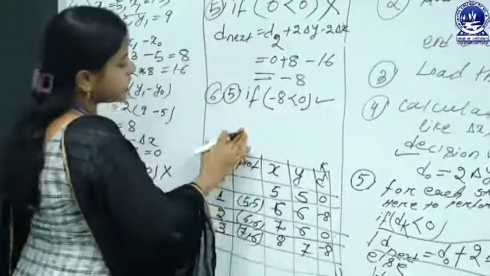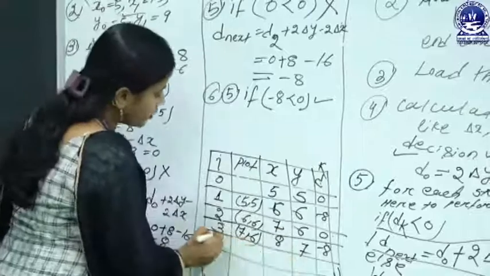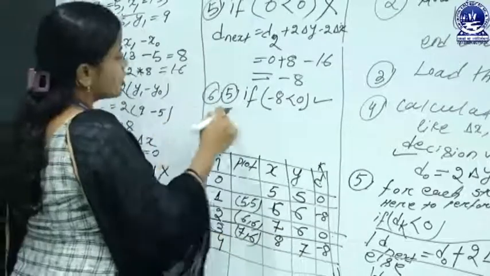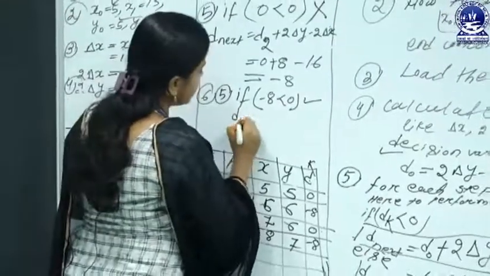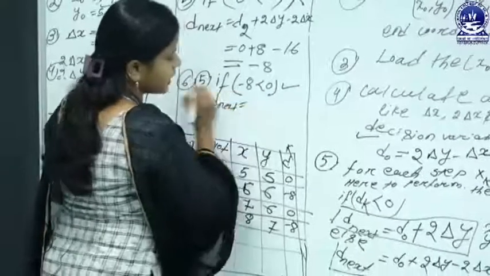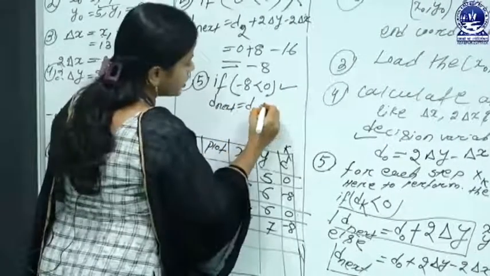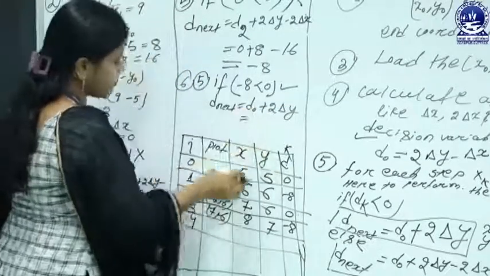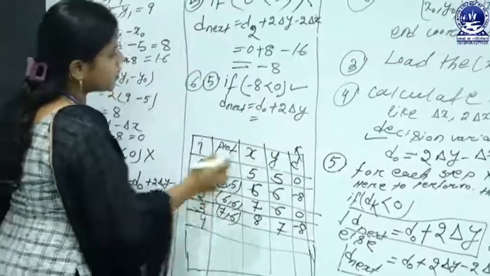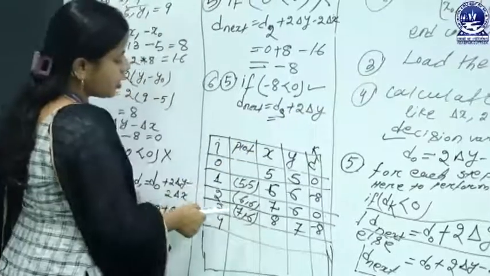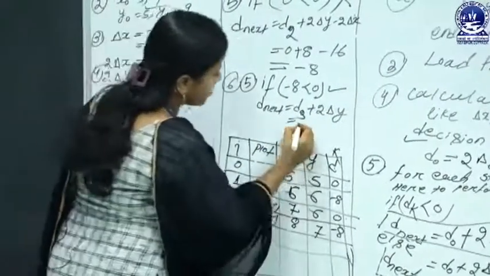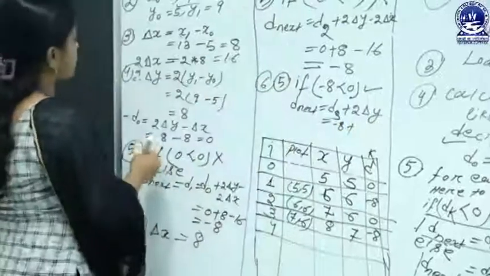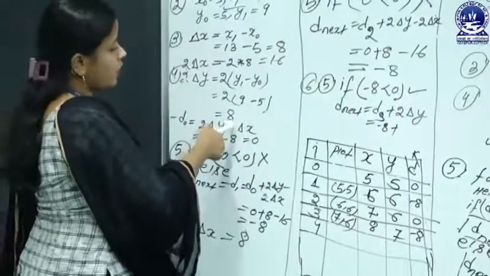So now find the decision variable value at counter value 4. Here the decision variable is found using the formula d0 plus 2 delta y. That means d0 is the previous decision variable, that's d3. So the value of d3, that's minus 8, plus 2 delta y, that's 8.